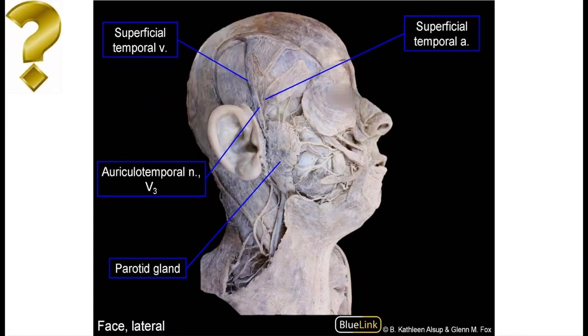By now you know what view is this, and here is a clear demonstration of Stenson's duct as it goes anteriorly and pierces the buccinator.